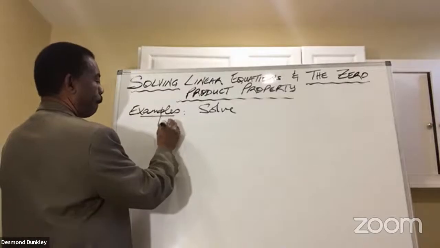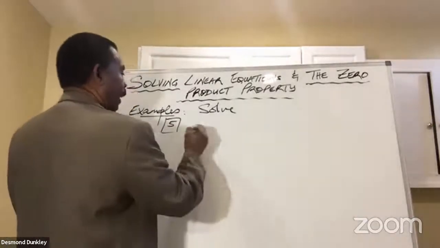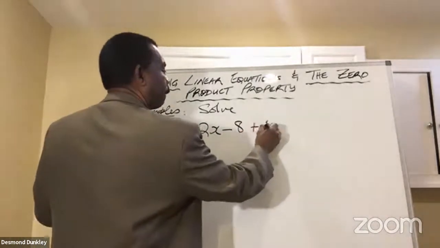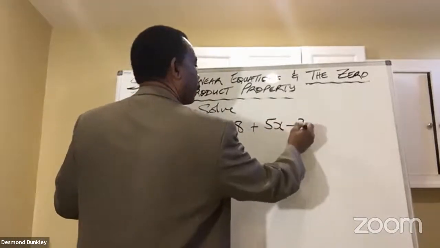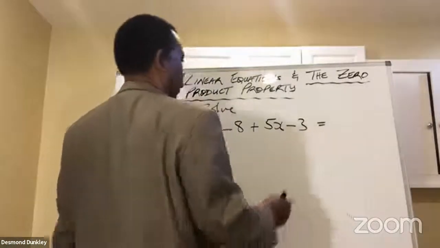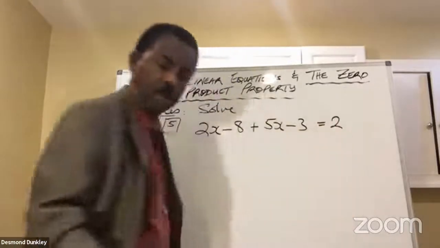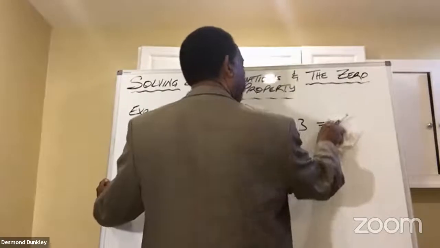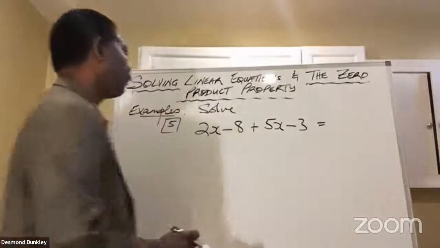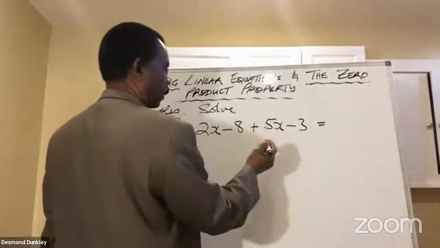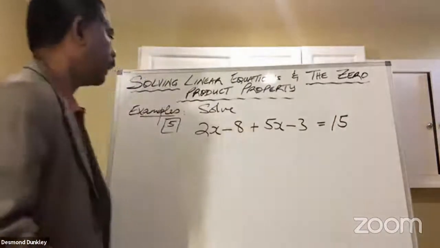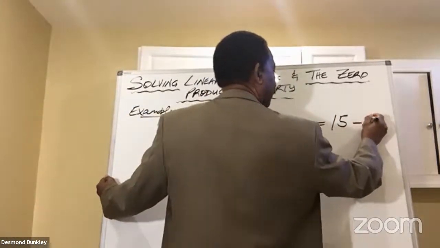So number 5. We have 2x minus 8 plus 5x minus 3 equal to 15 minus 3x.